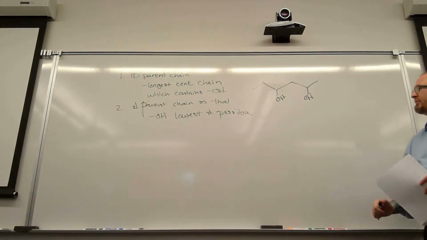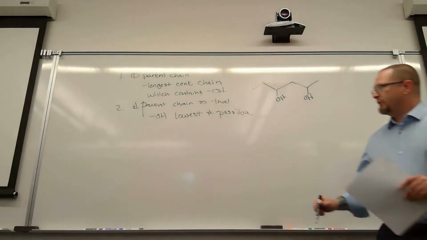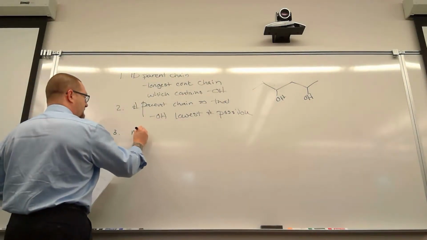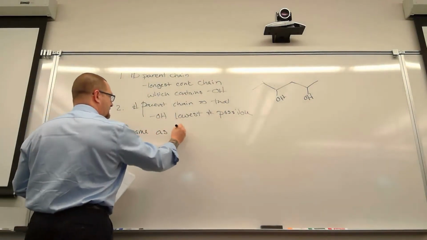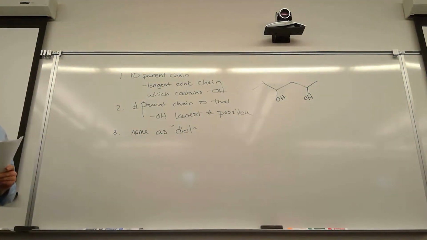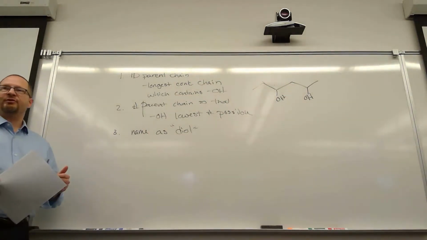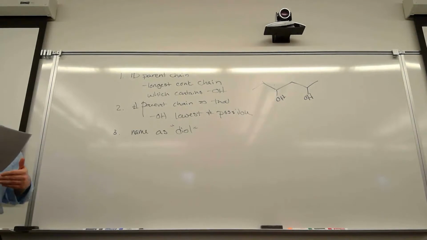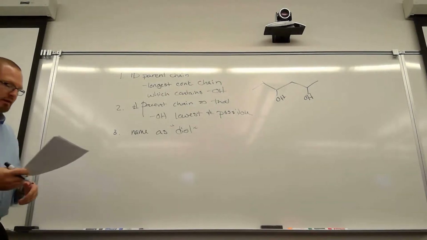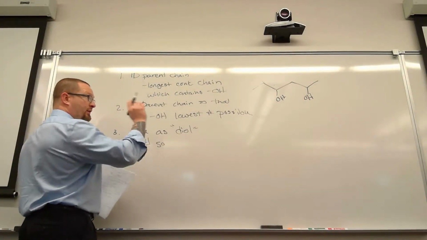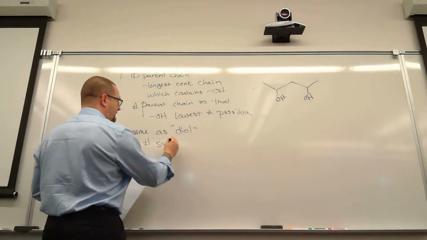In this case, because we have a pair of hydroxyls, we will name this as a diol. So instead of, with substituents where we say dimethyl, this will be something-something diol. And we're going to number so that the hydroxyl groups have the lowest total value.